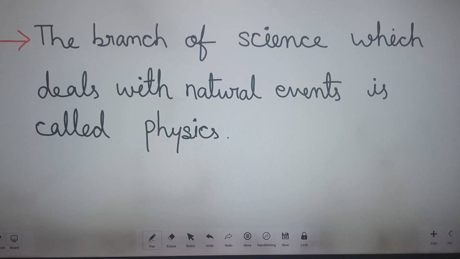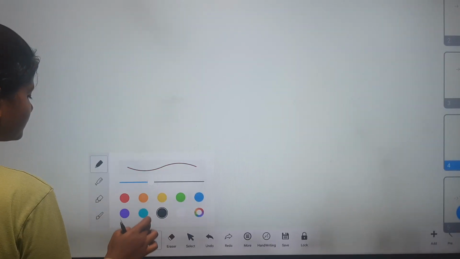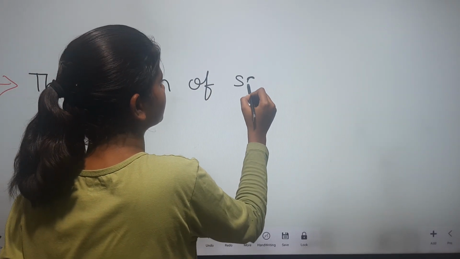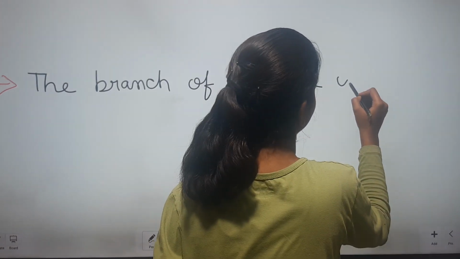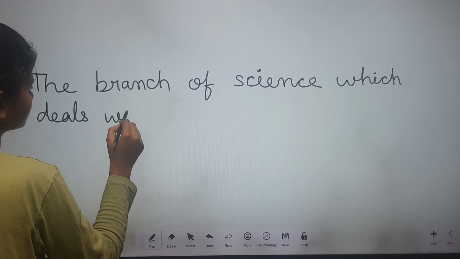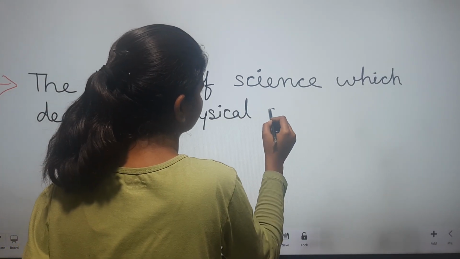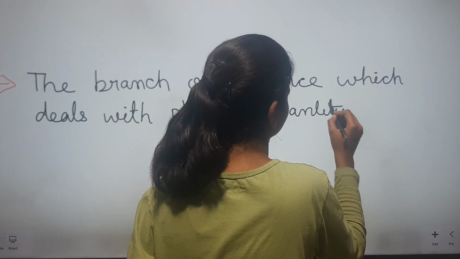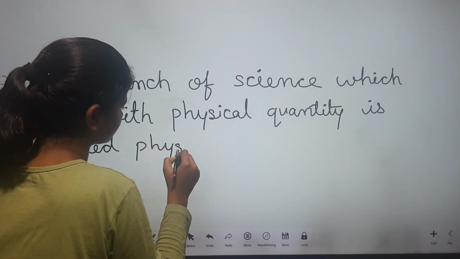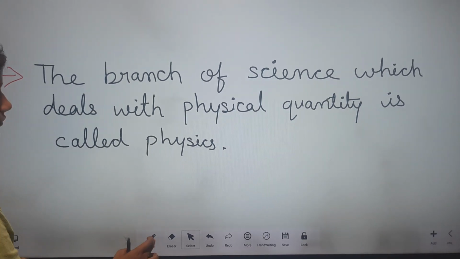Or you can also define it like this: the branch of science which deals with physical quantities is called physics.